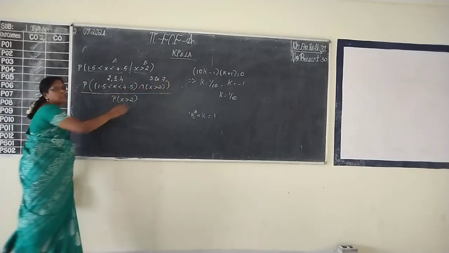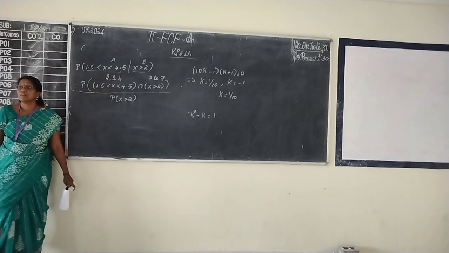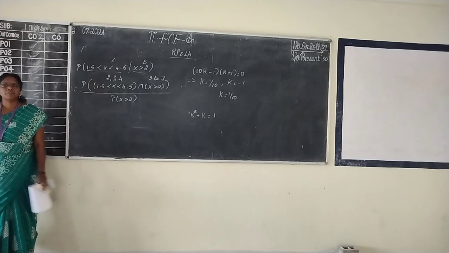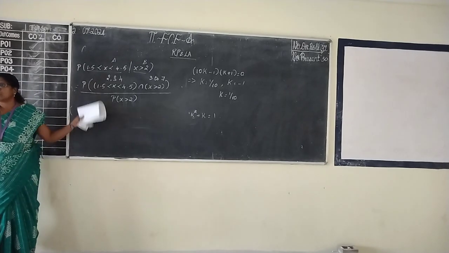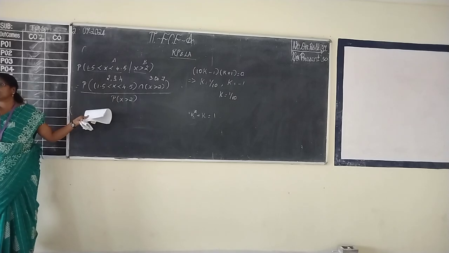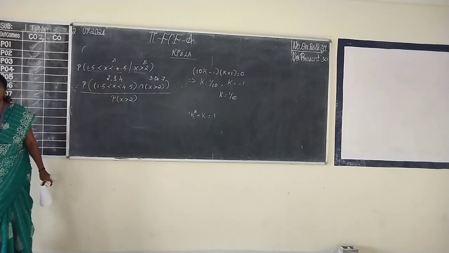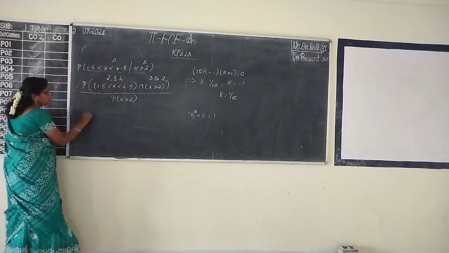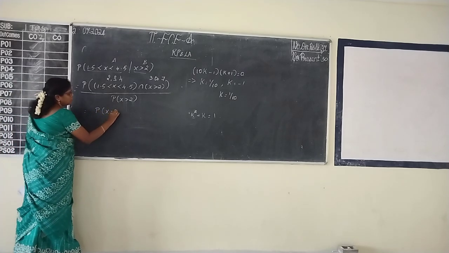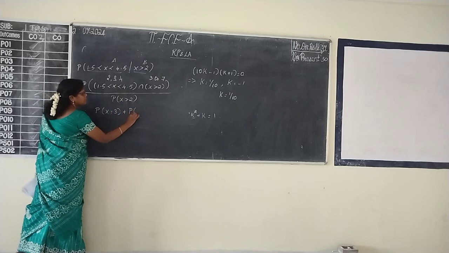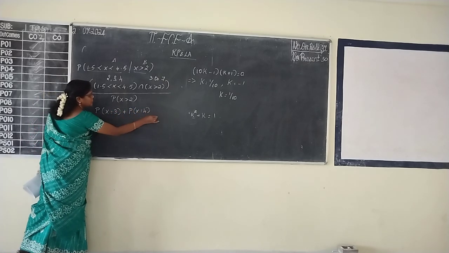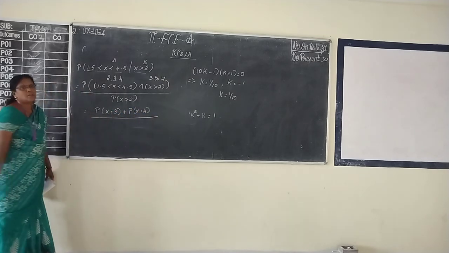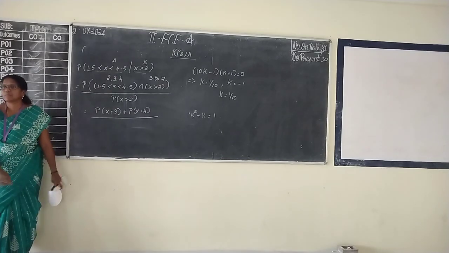So intersection means what is the meaning? Intersection is common elements. What is the common values between both? 3, 4. We are going to get only 2 values. So numerator is probability of x equal to 3 plus probability of x equal to 4, divided by denominator.